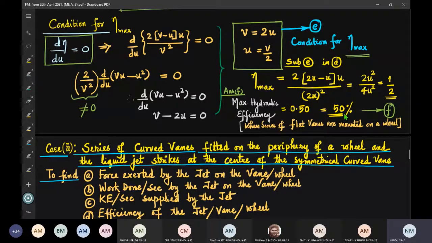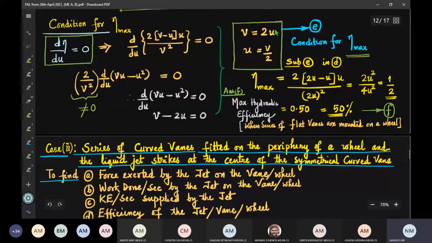Now, if the same flat vane, in a number of them, is mounted on the circumference of a wheel, the maximum hydraulic efficiency you can get is 50%. And you get that when the jet velocity is twice the plate velocity, or the tangential velocity of the wheel multiplied by 2 is equal to the velocity of the jet.